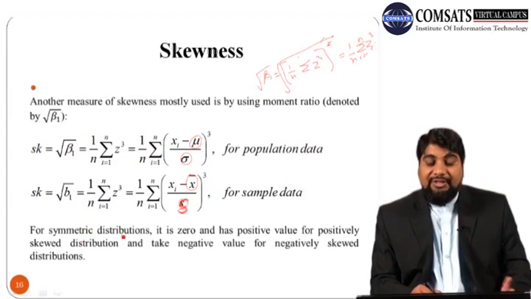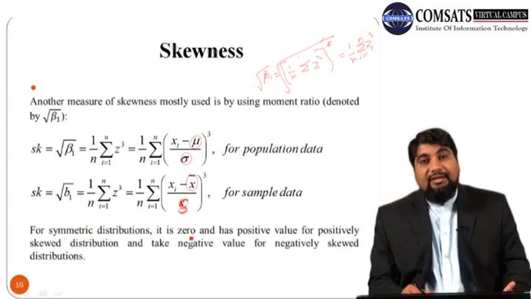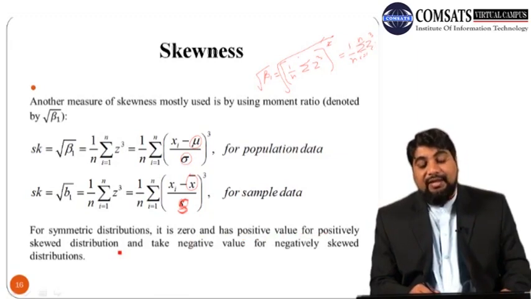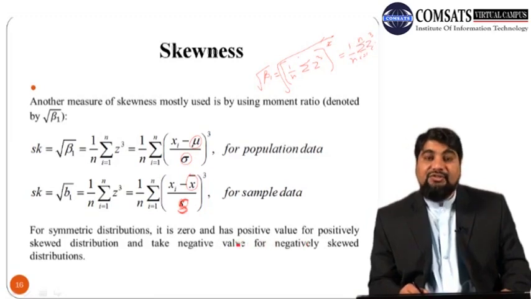So remember that for symmetric distributions the value of skewness is 0, and it takes a positive value for a positively skewed distribution, and a negative value for negatively skewed distributions.